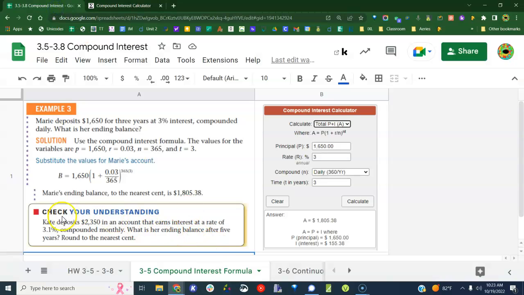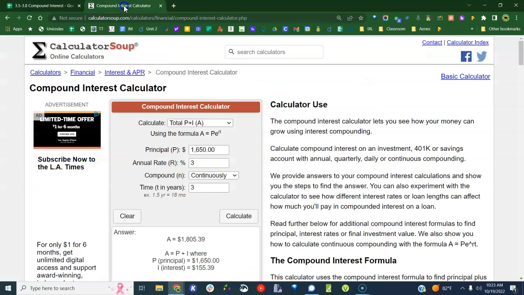So go ahead and do the check your understanding. Let's just make sure you're knowing how to use it. It says $2,350 in an account that makes 3.1% compounded monthly. What's the ending balance after 5 years? So just go ahead and put in those numbers. $2,350. I think it was 3.1% compounded monthly.